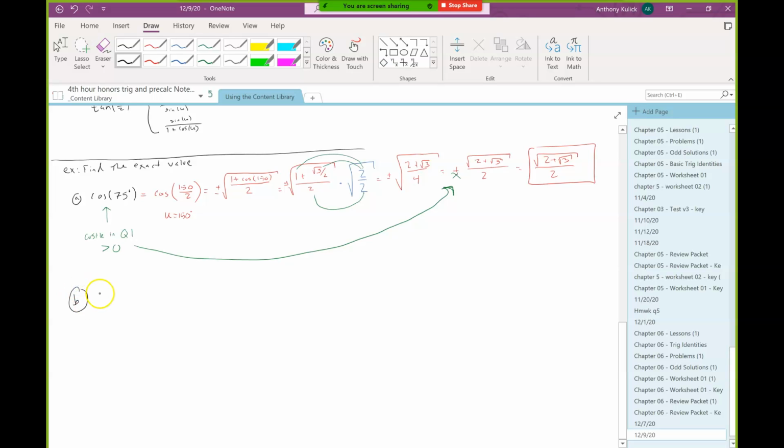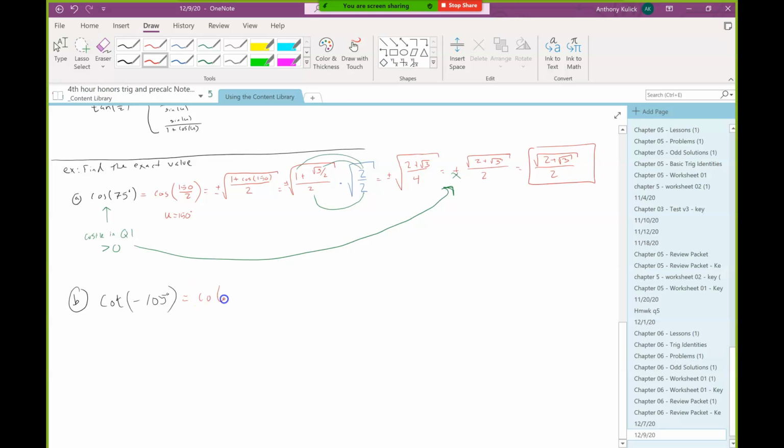Maybe it would have been more convenient to do that sine part in the very beginning. So let's do cotangent of negative 105.